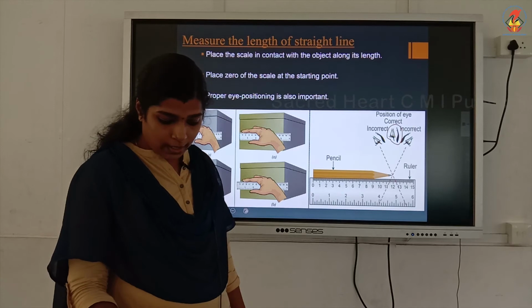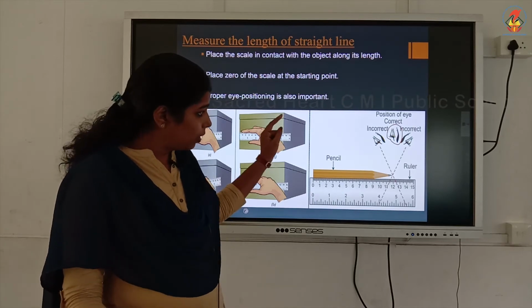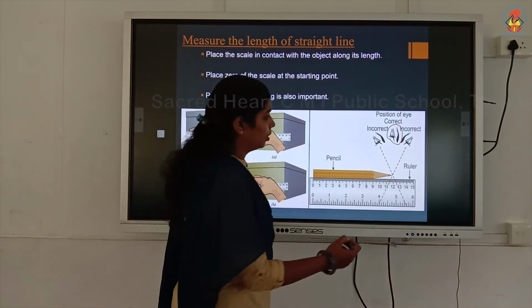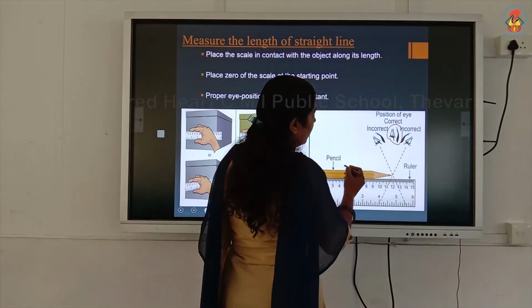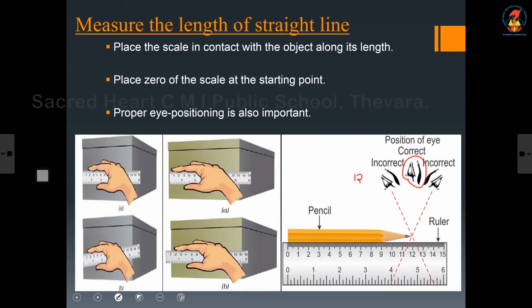So, for the first one, for this person the reading will be about 12.5 centimeter. This one is A. This person is B. He is looking vertically downwards. So, it is 12 centimeter.